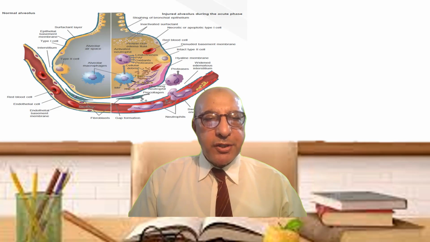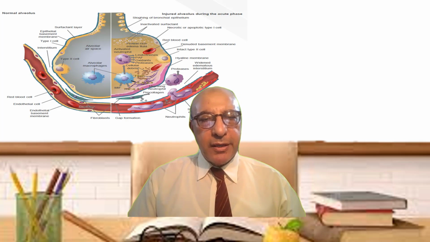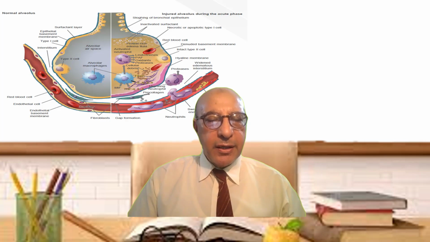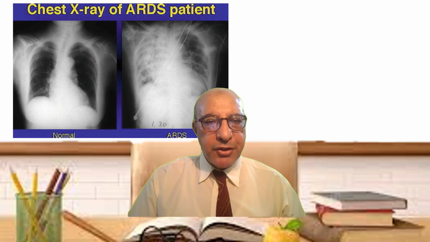In this figure, which includes one big alveolus, we show on the left side the healthy alveolus, again with very few cells, only the type 2 pneumocytes and the pulmonary macrophages, but no fluid at all. While on the right side, we have an alveolus from a case of ARDS. There is protein-rich fluid leaking and filling up the alveolus, inhibiting the gas exchange.